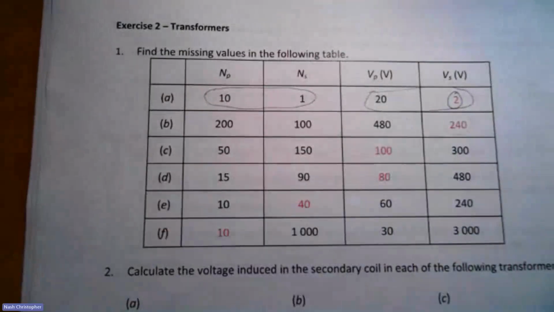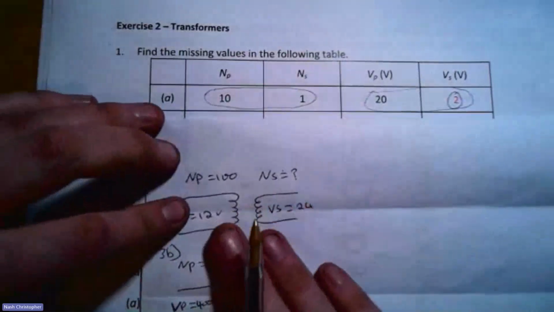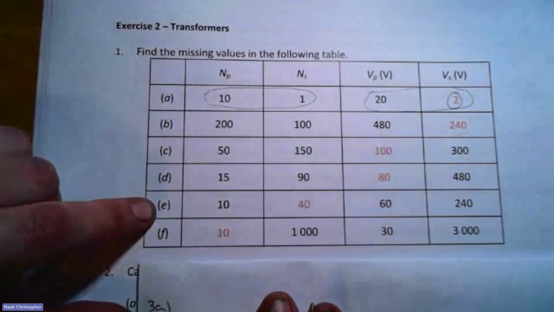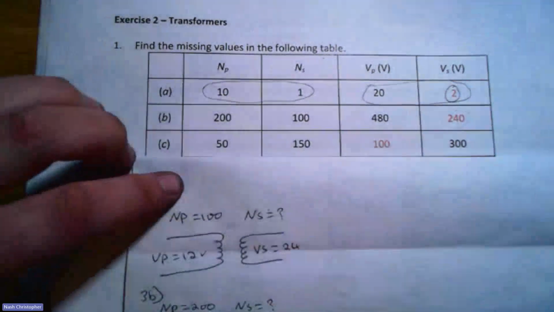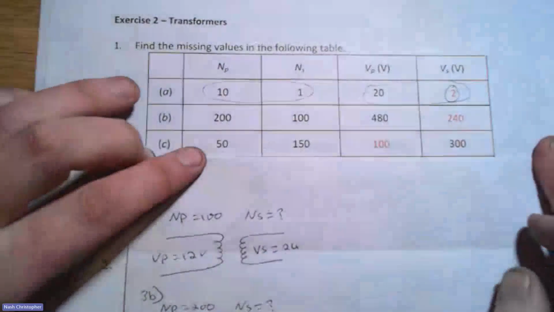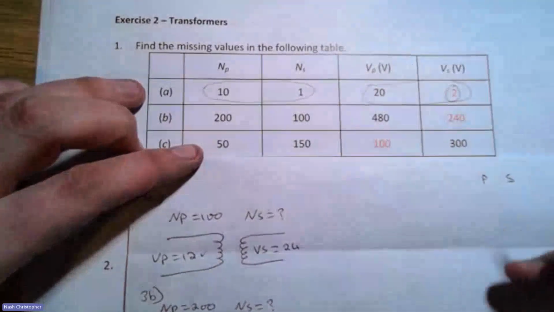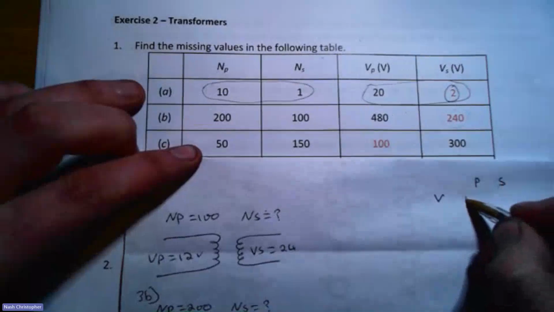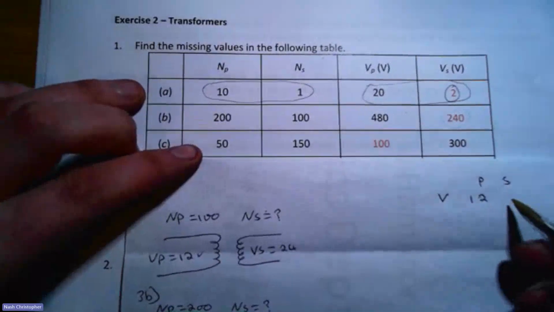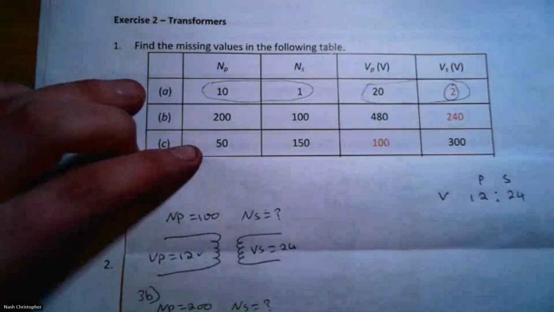So 3 is similar to 1E, so it's asking for the NS, but it works exactly the same. So if we map it, we have our voltage, which is 12 volts, against our secondary, which is 24.